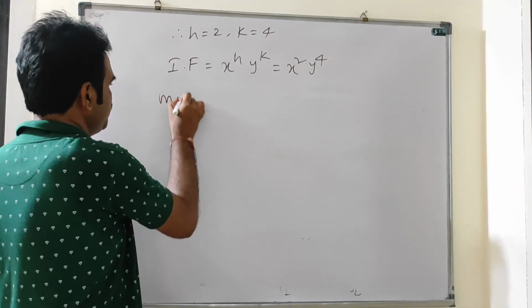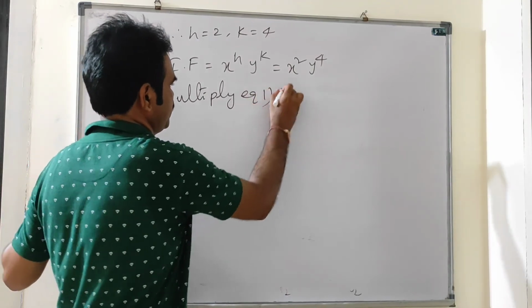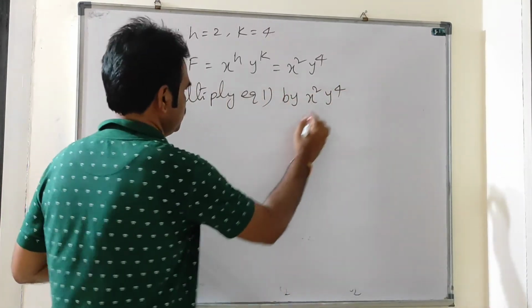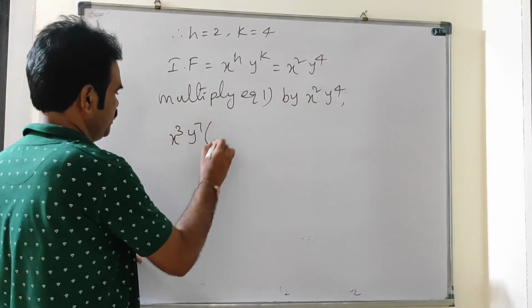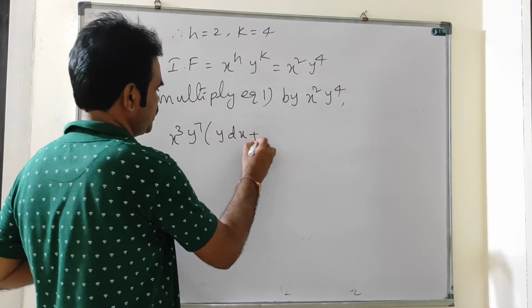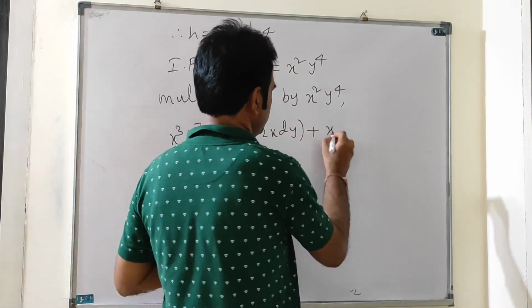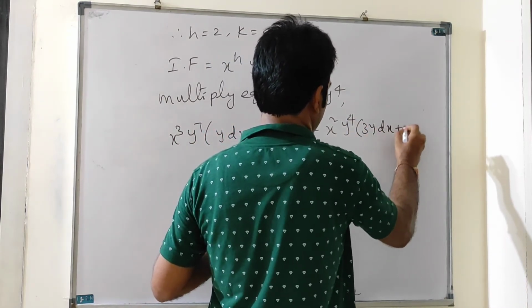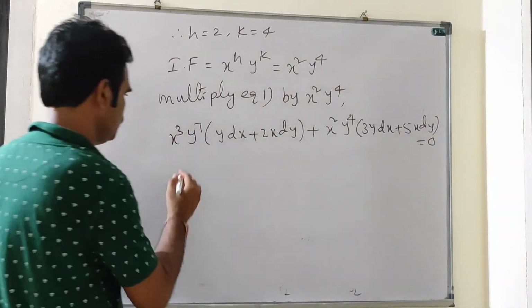Now multiply equation 1 by the integrating factor, that is x^2 y^4. Then the given equation becomes x^3 y^7 (y dx + 2x dy) + x^2 y^4 (3y dx + 5x dy) = 0.